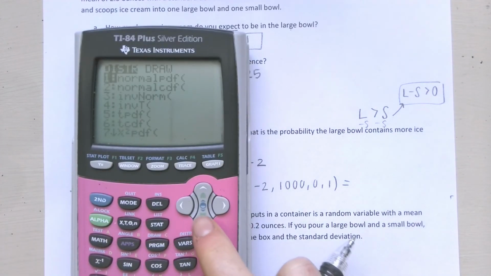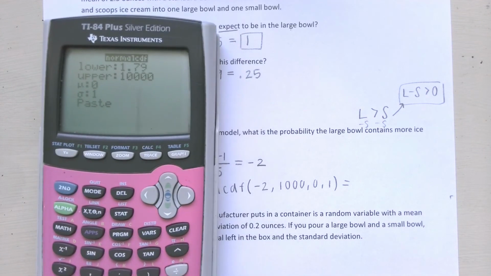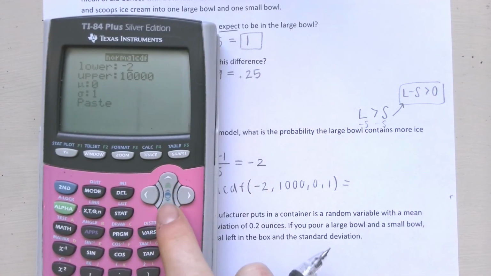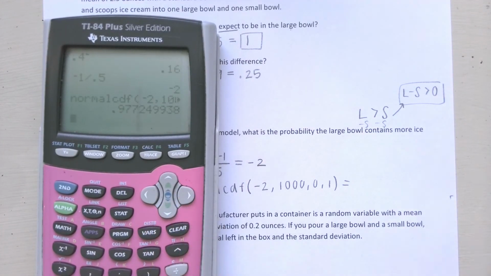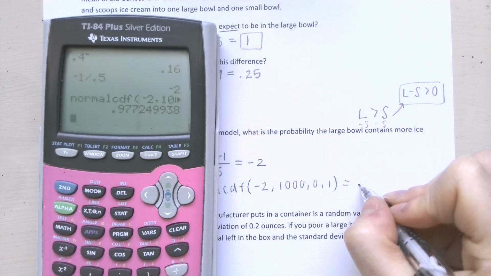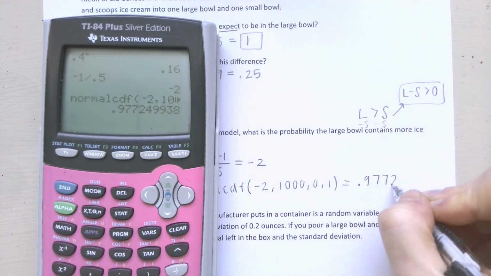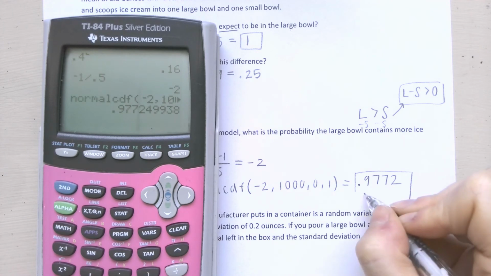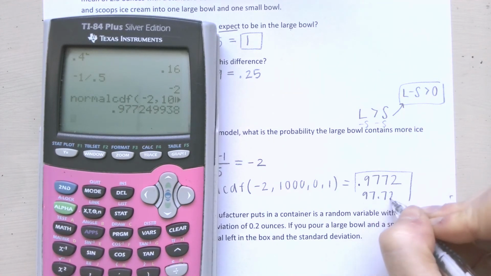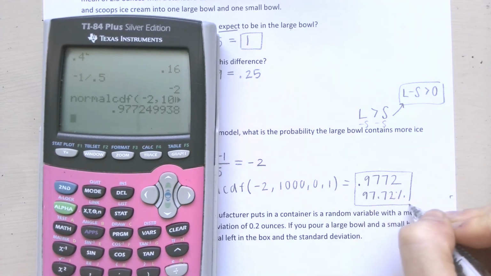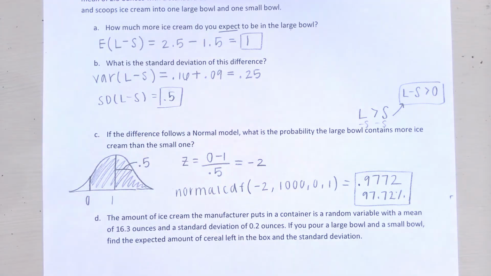So those bounds go into my normal CDF, -2 to a large number, gives me 0.9772 or 97.72%. So there is a very high chance that when Ethan scoops his bowls of ice cream, he will get more ice cream in the large bowl than the small one.